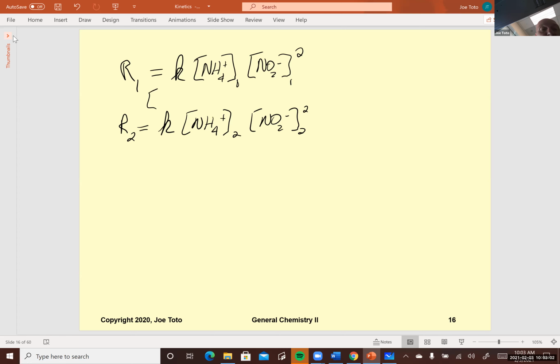In experiment 2, ammonium 2 is 2 times the concentration of ammonium in 1. All right. So I can make that substitution right here.